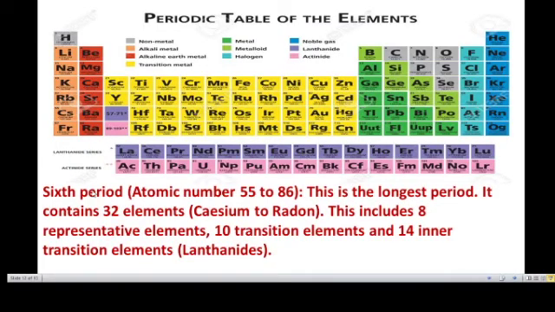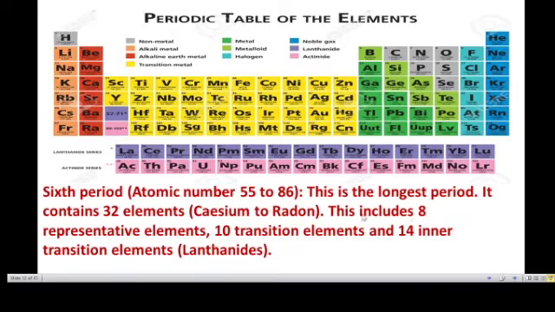Then sixth period, atomic number 55 to 86. This is the longest period. It contains 32 elements starting from cesium to radon.